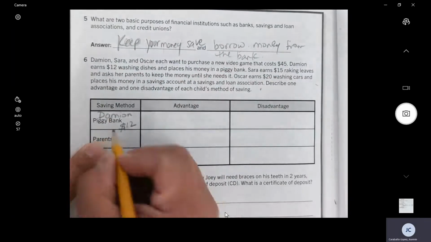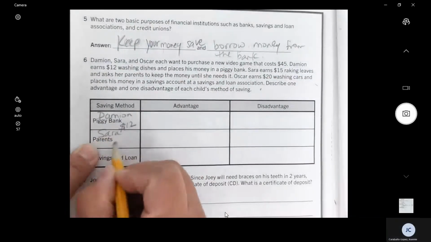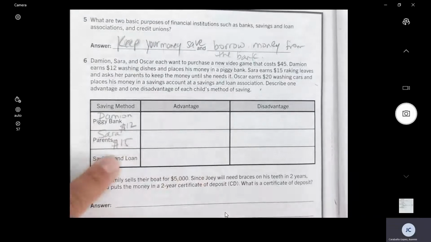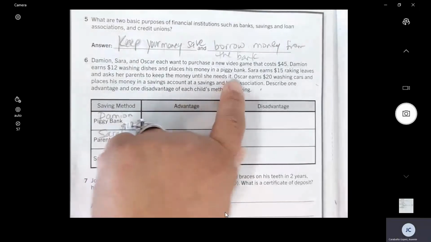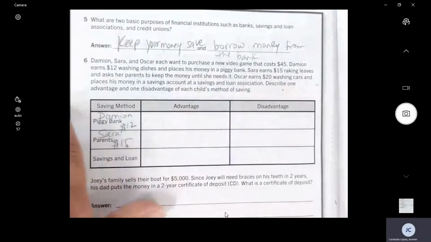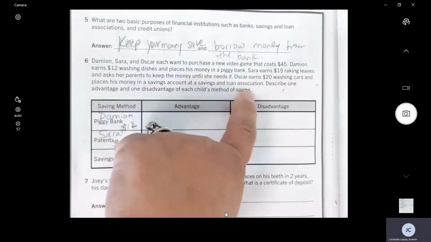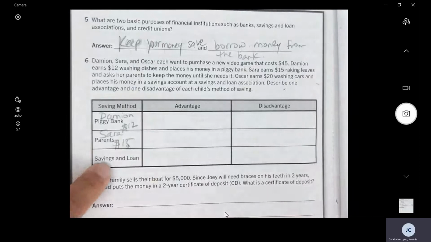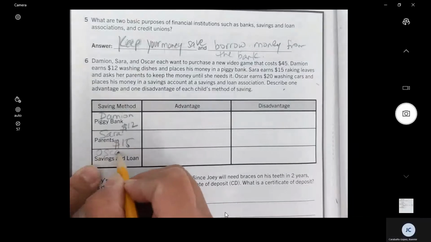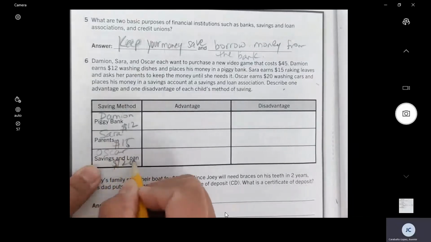So this is Sarah, and she has $15 saved. Then Oscar earns $20 washing cars and places his money in a savings account at a savings and loan association. So Oscar here, and he saved $20.